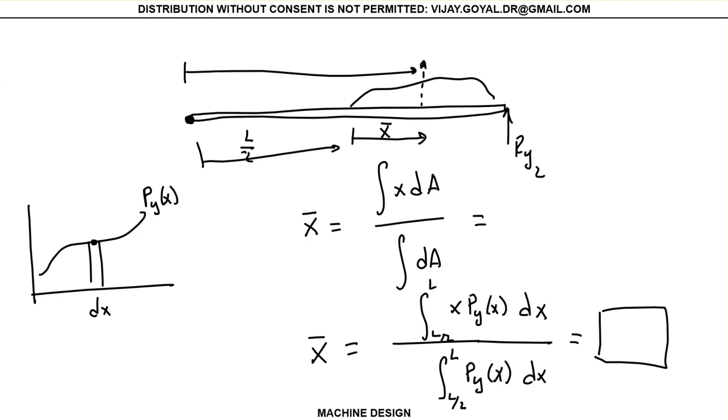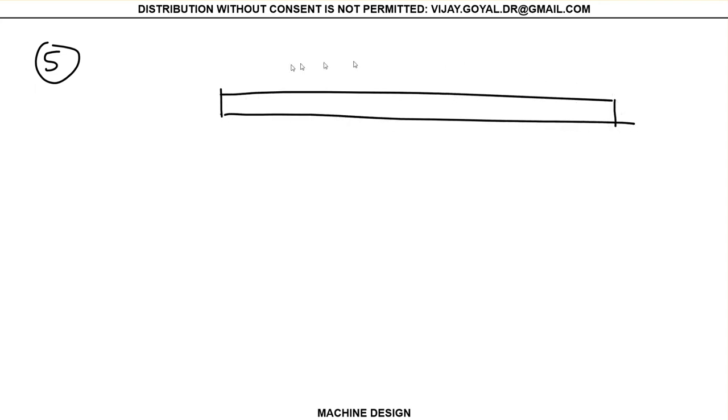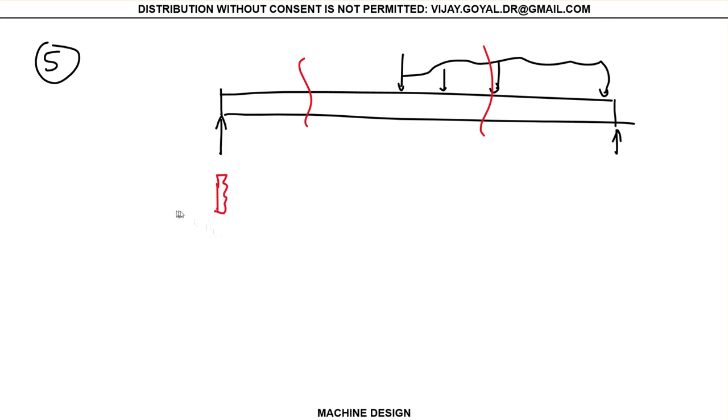Okay, and then clarification number 5. For this particular method that I use in the book, the method is very, very general. So suppose I had a point load there, and I had your distributed load here as well. When you do this, as you should know by now, you need 2 section cuts, one here, one there. And before you start, you need to make a section cut right here at x equal to 0 plus.